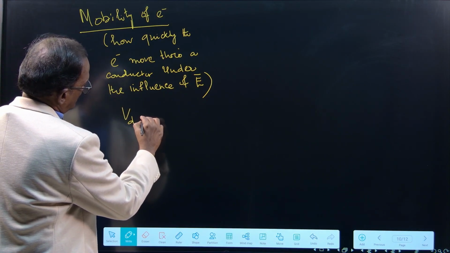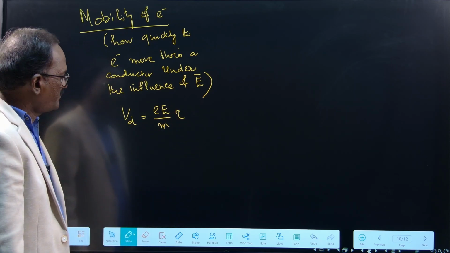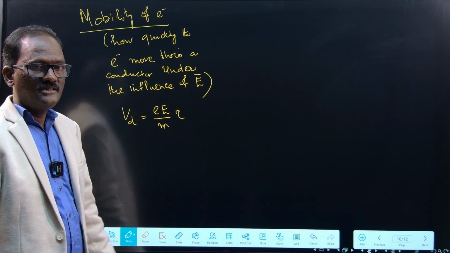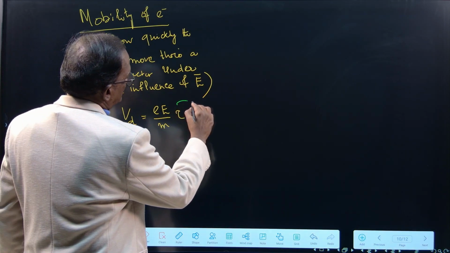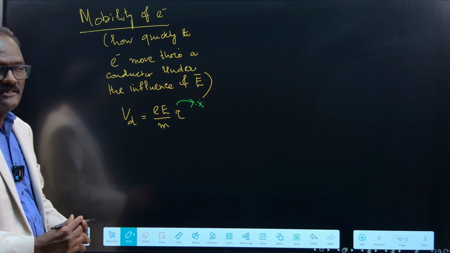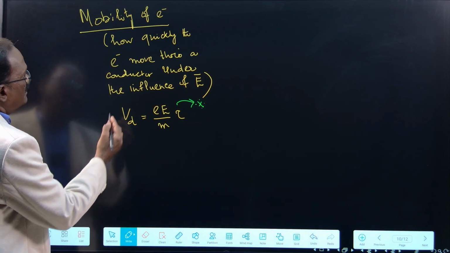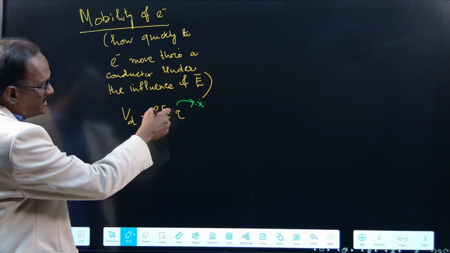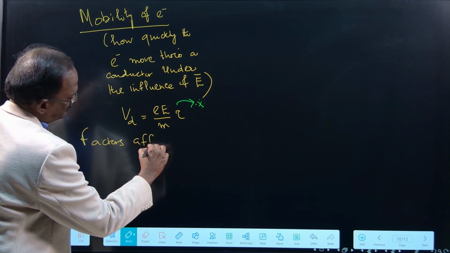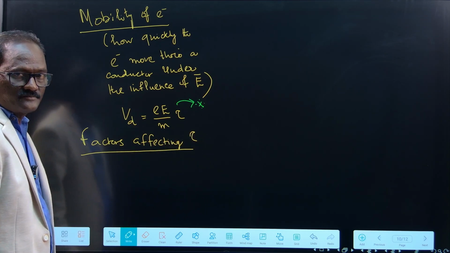So this formula, let me write it again. Drift velocity is equal to force by mass, Coulomb's force, E into e by mass, into relaxation time. This term, relaxation time, is important here. What are the factors which are affecting relaxation time? Before going to see the mobility, let us see the factors affecting relaxation time.